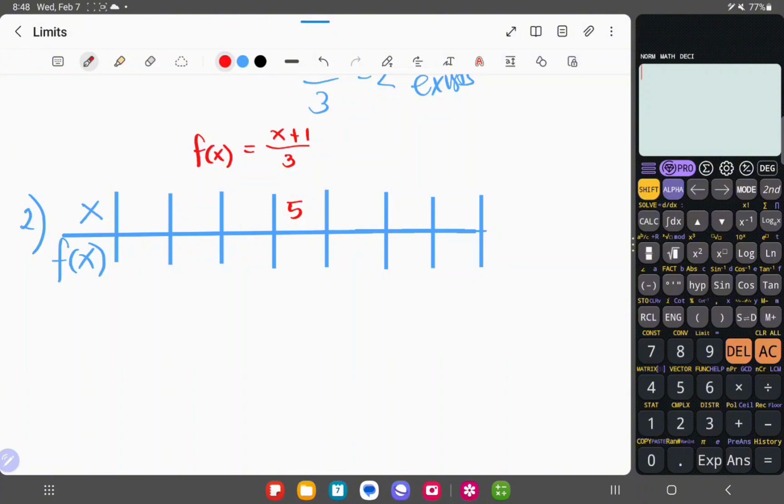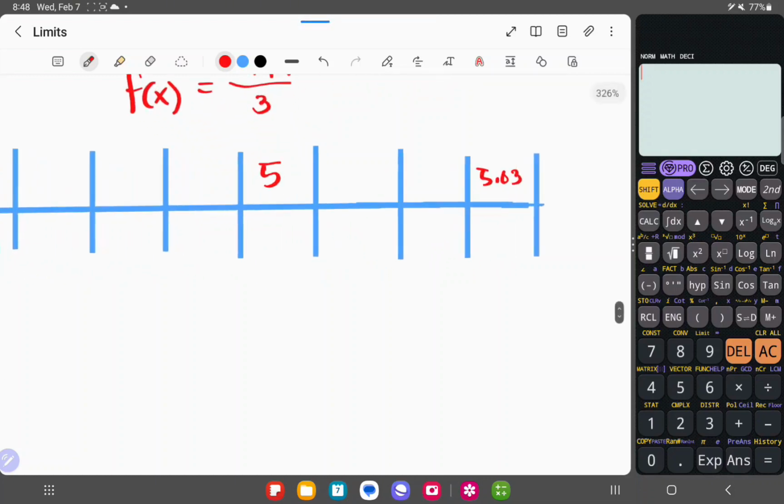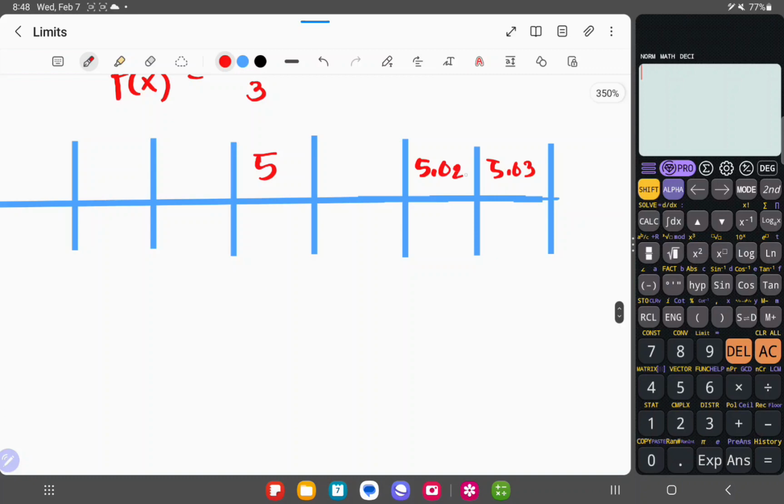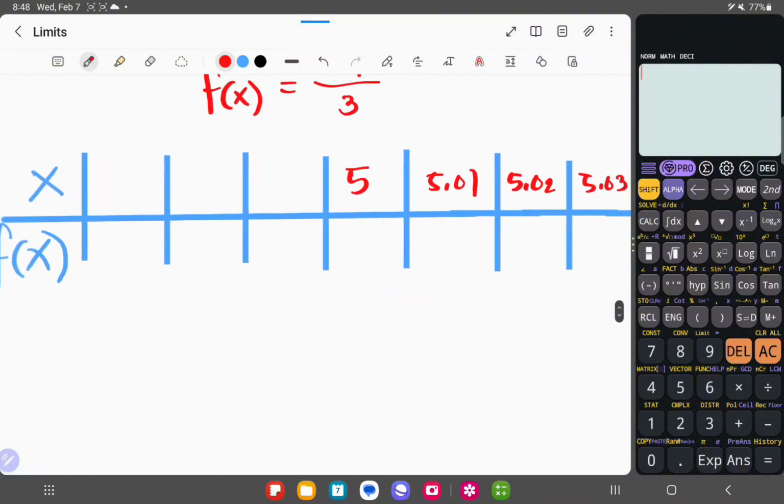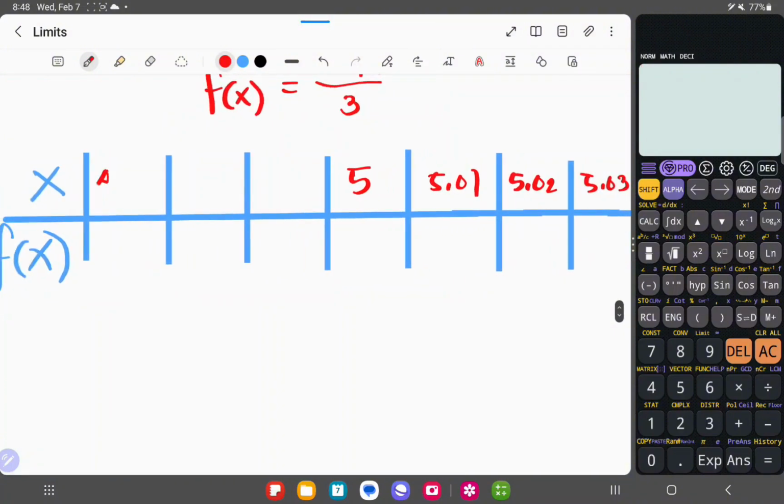Now, as we approach 5 from the positive or right direction, we could possibly have 5.03, 5.02, and 5.01. Now, for the left or negative direction, we could probably have 4.97, 4.98, and 4.99.